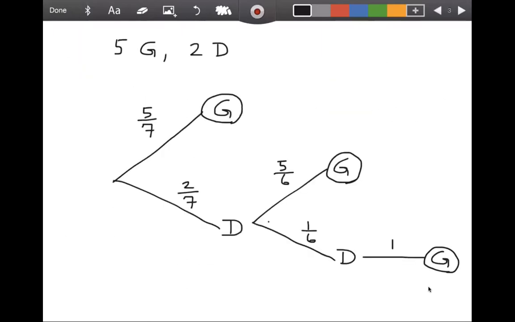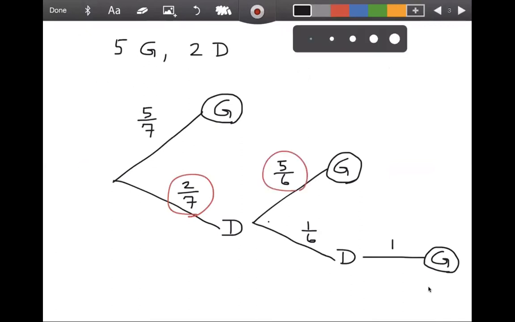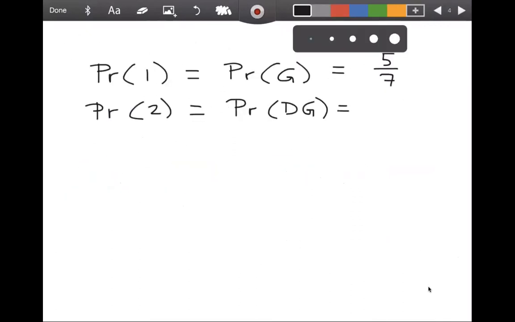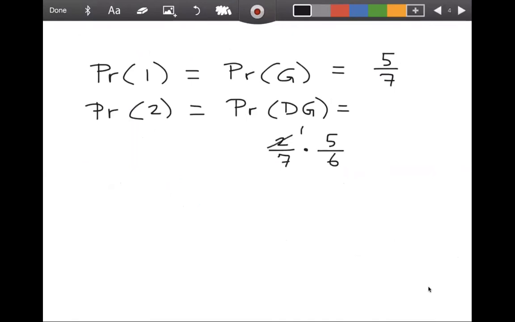So from the tree diagram, that probability is 2/7 times 5/6, which is 5/21.